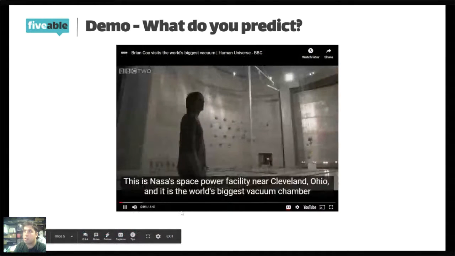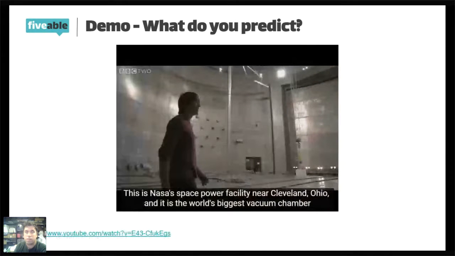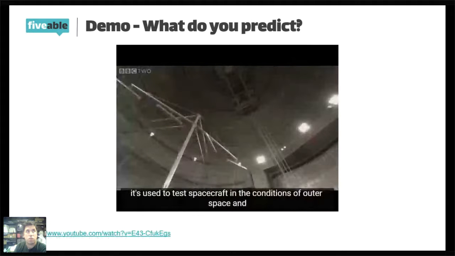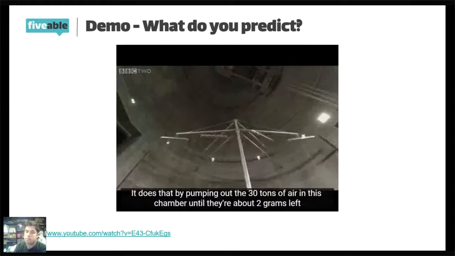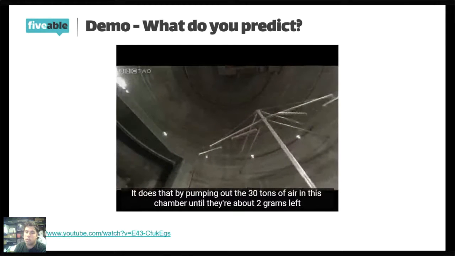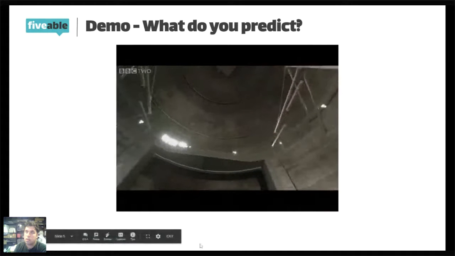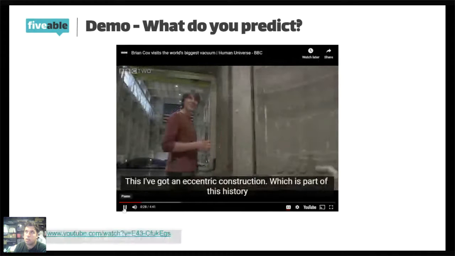This is NASA's Space Power Facility near Cleveland, Ohio, and it is the world's biggest vacuum chamber. It's used to test spacecraft in the conditions of outer space, and it does that by pumping out the 30 tons of air in this chamber until there are about 2 grams left. And it's got an eccentric construction, which is part of its history.